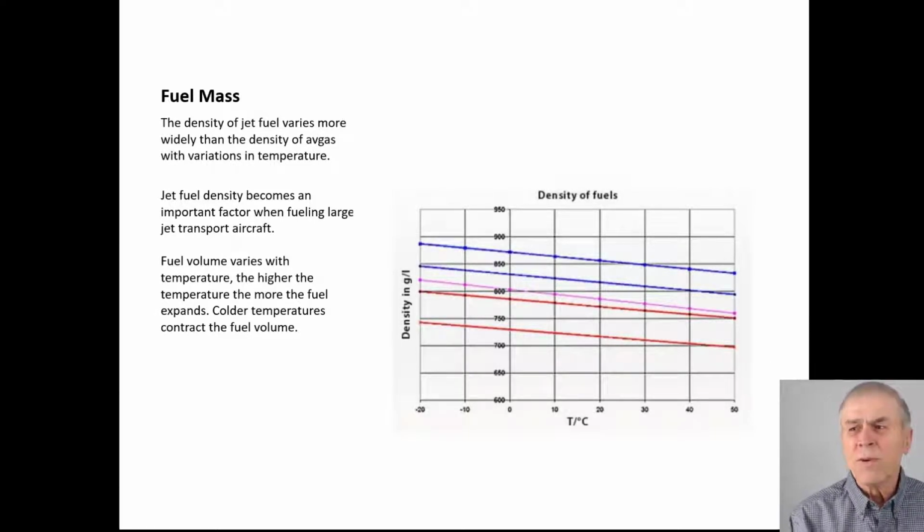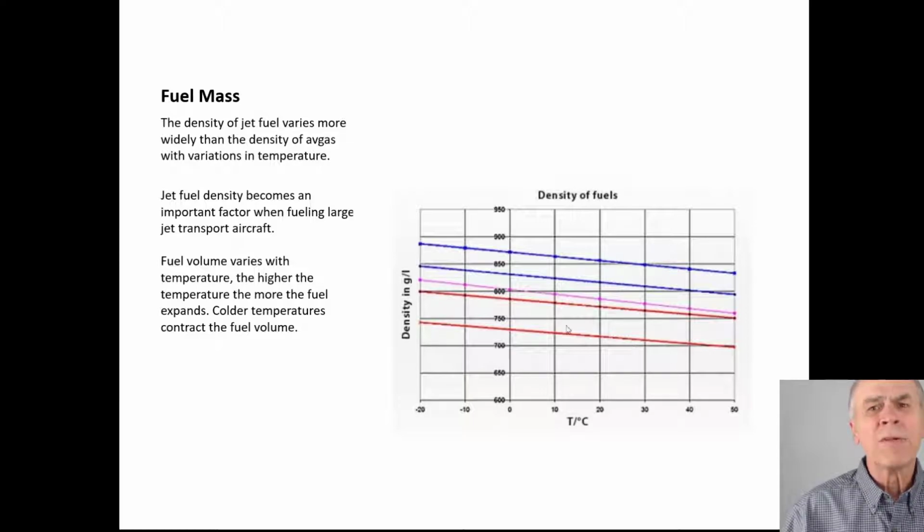Fuel mass is referred to in a few of these questions. You may have seen it already. So let's talk about that for a minute. The density of jet fuel varies more widely than the density of avgas with variations of temperature. However, most of the charts that I have, it almost looks like avgas and jet fuel follow the same type of variations for temperature.